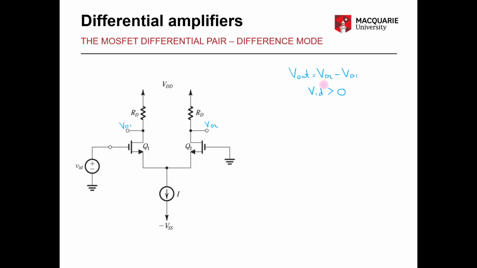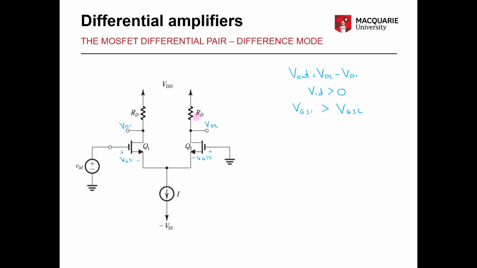So we can see that this will mean that our VGS1 will be greater than VGS2. This is the drop from the gate to source on each of the transistors.